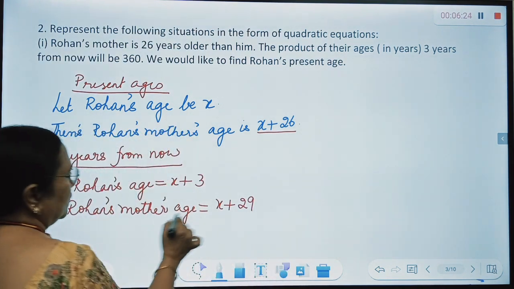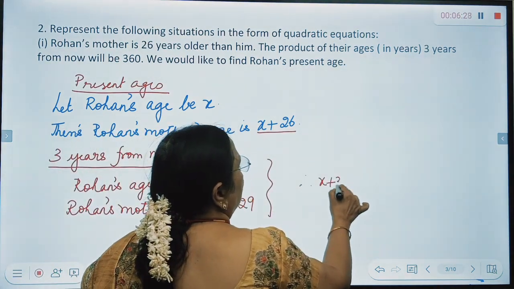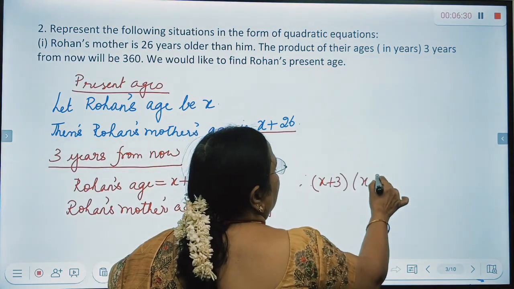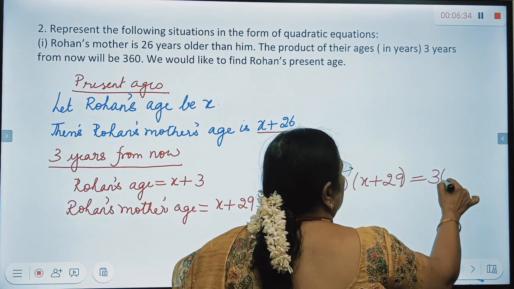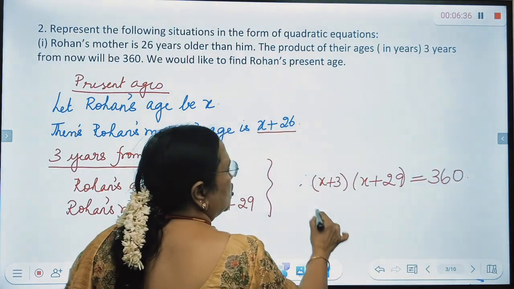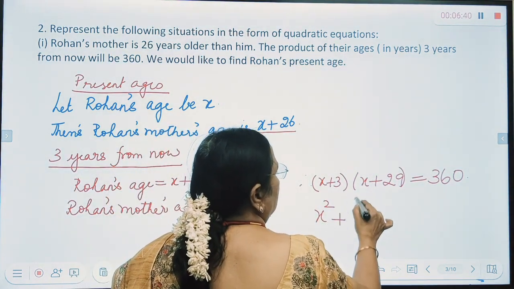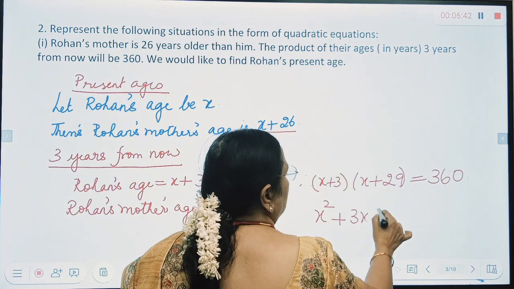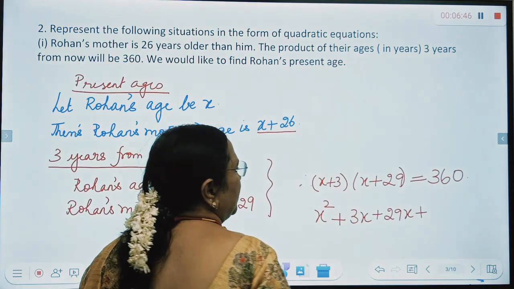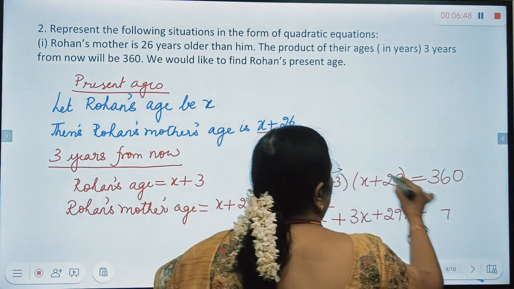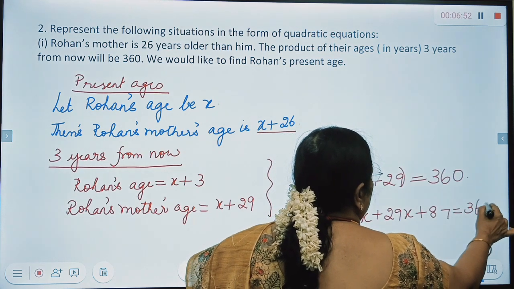Therefore, x plus 3 into x plus 29 is 360. So x square plus 3x plus 29x plus, what is 3 into 29? 87 equal to 360.